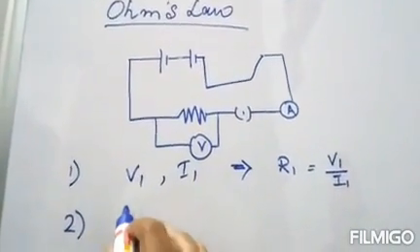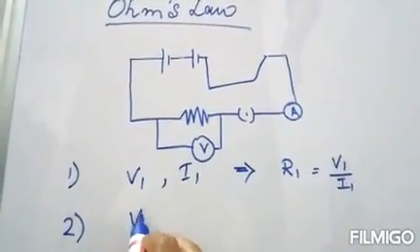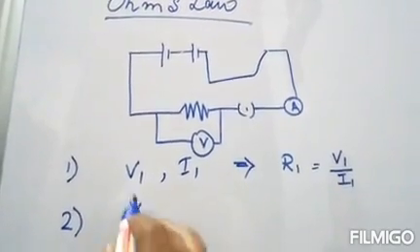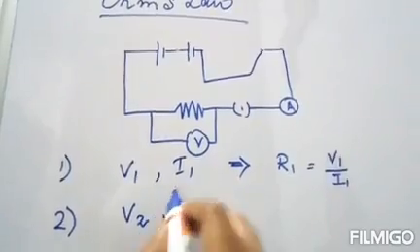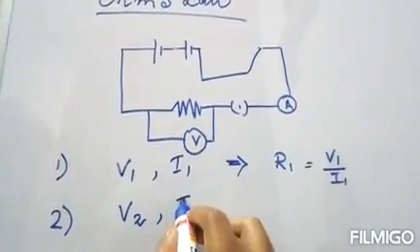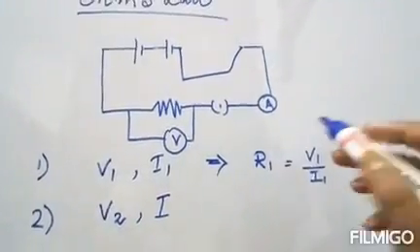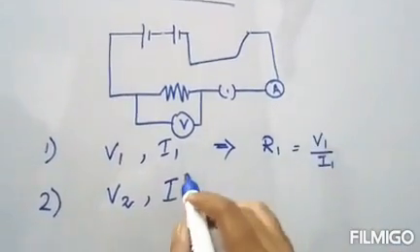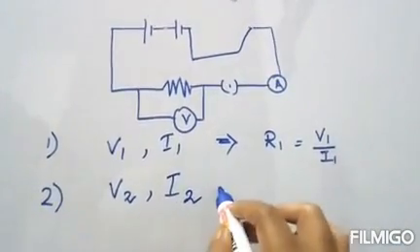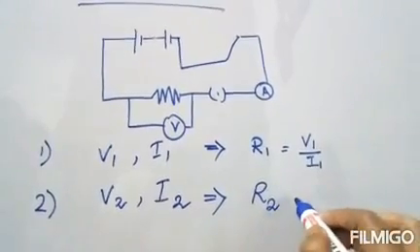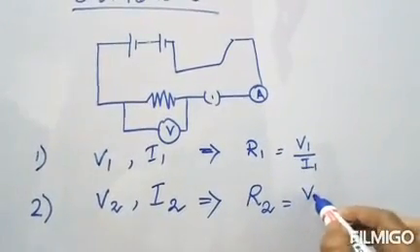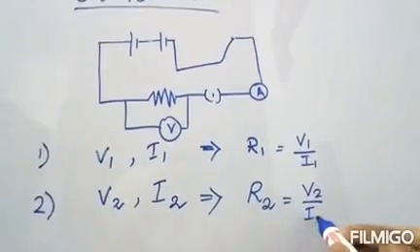Suppose in the second case the voltmeter reading that I got is V2, and the ammeter reading, the amount of current flowing, let that be I2. Okay, and let R2 be V2 by I2.